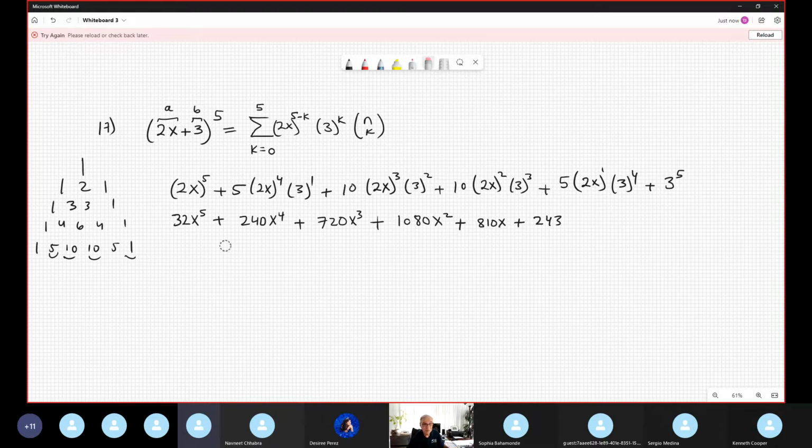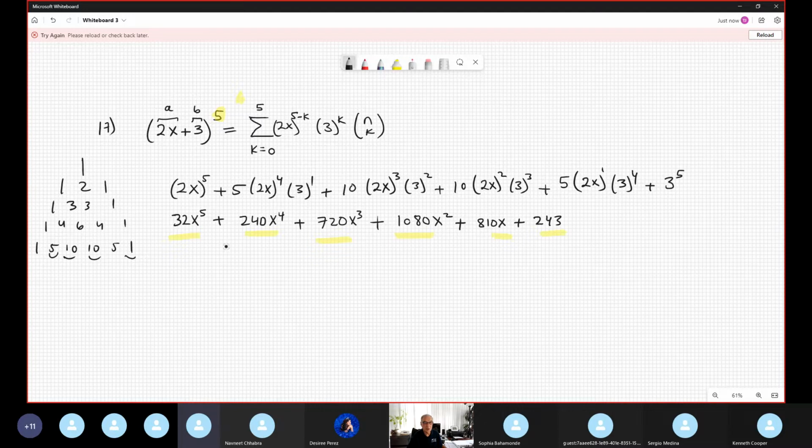Important detail: the exponent is 5. You expect 6 terms: 1, 2, 3, 4, 5, and 6. Why?